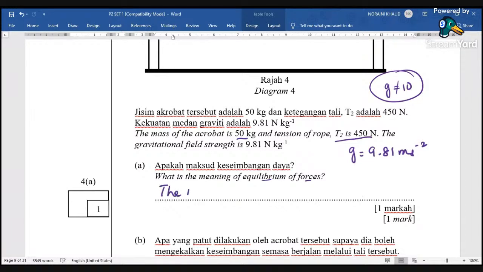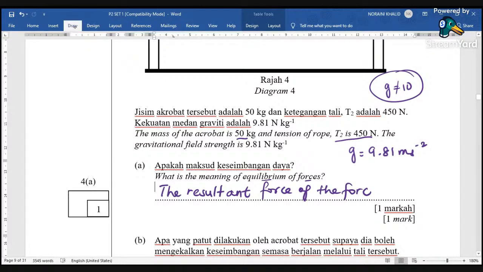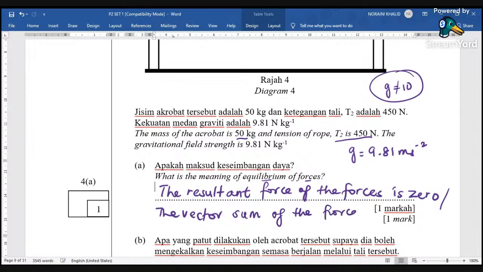We can write down that the resultant force of the forces is 0, or the vector sum of the forces is 0. So same meaning. So write one definition.